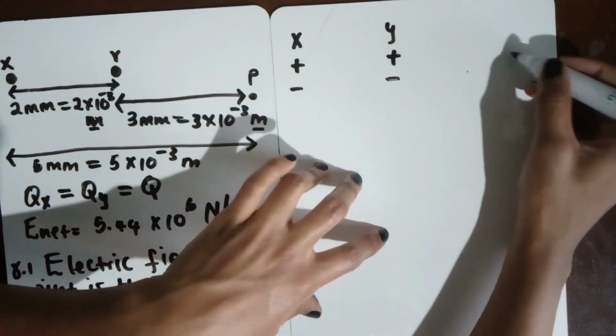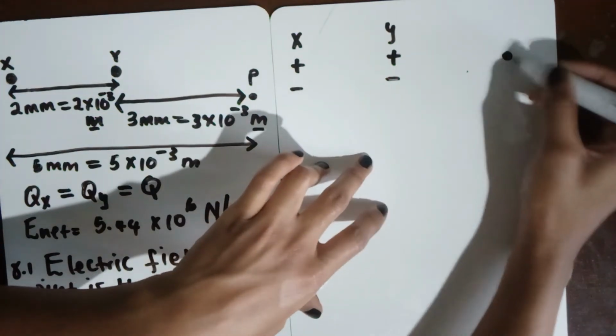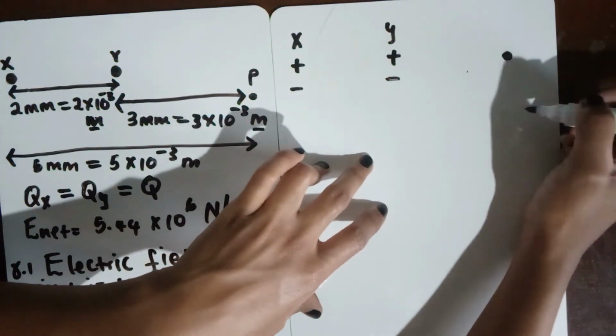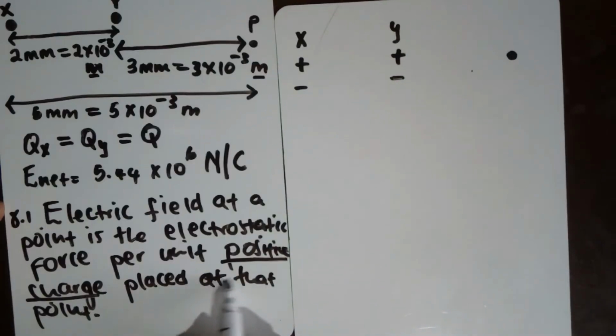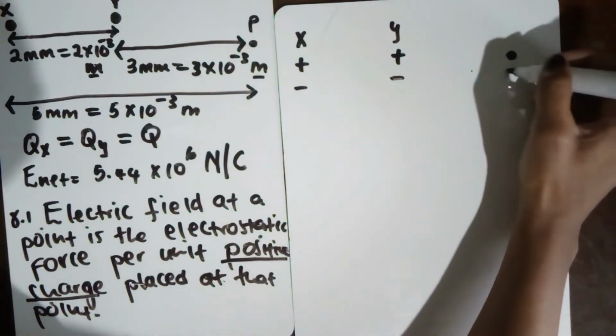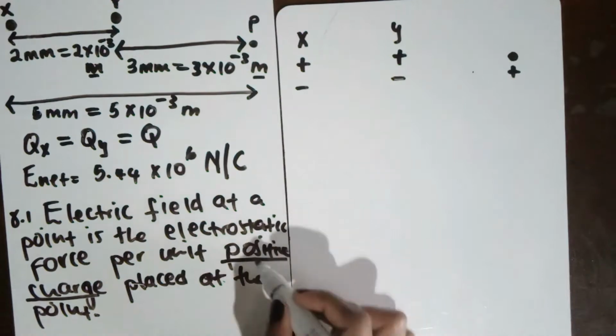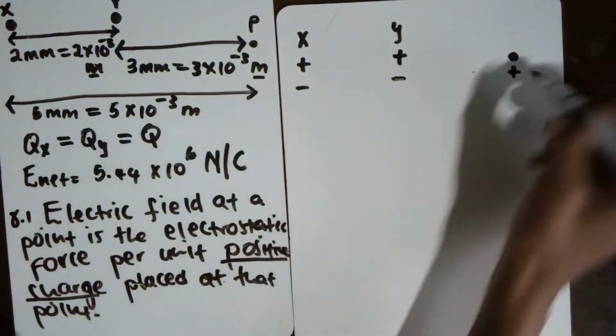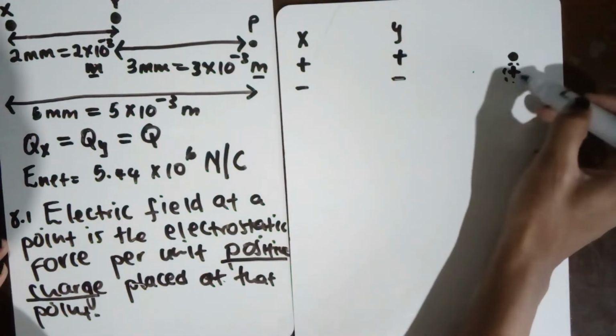And now we have a point here. This point experiences an electric field, and they said per unit positive charge placed at that point. So we have to assume that that point carries a positive charge. Unless it's stated otherwise, you assume that it's carrying a positive charge, right?